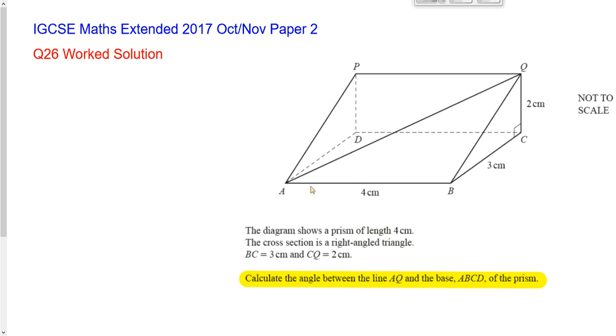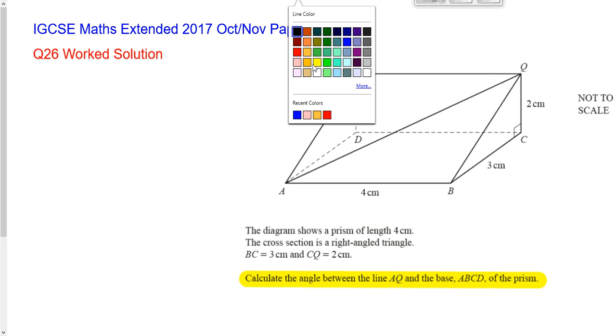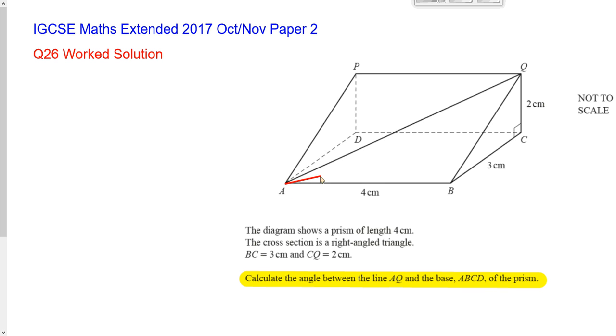This is our base along here, and this is our line AQ running up here. We want to find the angle between that and the base. So let's draw a line for the base here. We're looking for a line from here to here.